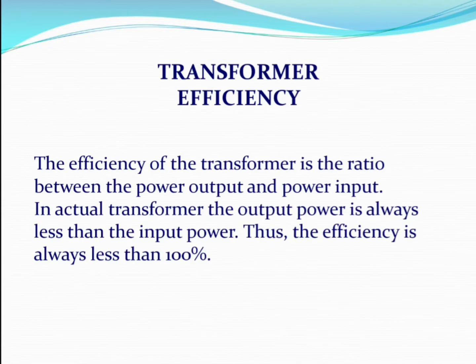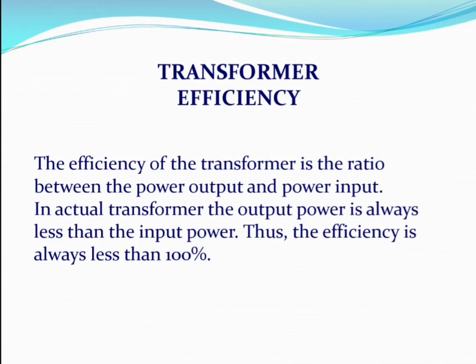Now let's move on to our next topic, that is transformer efficiency. Transformer efficiency is calculated using the ratio between the power output and the power input. In actual transformers, although we say that the power output will always be equal to power input, practically due to certain power losses, the power input will always be greater than the power output.